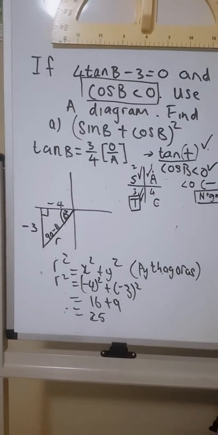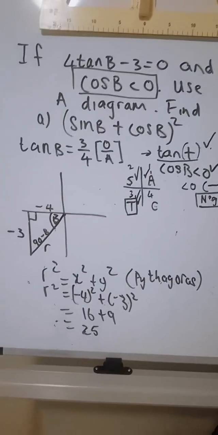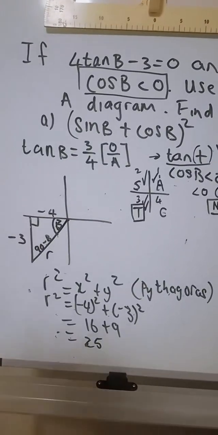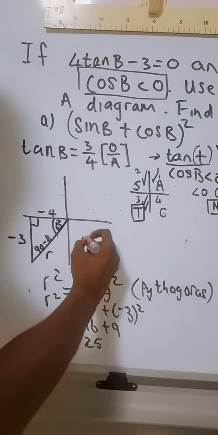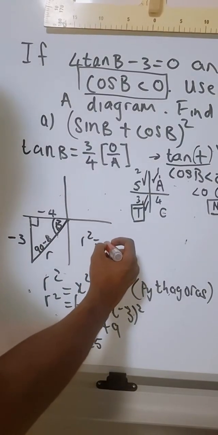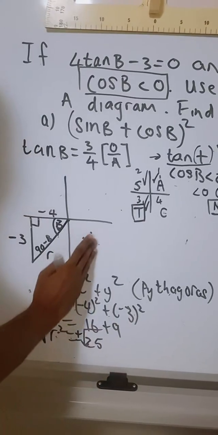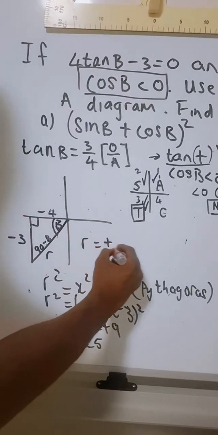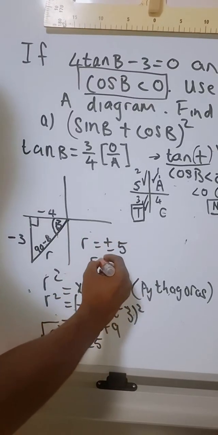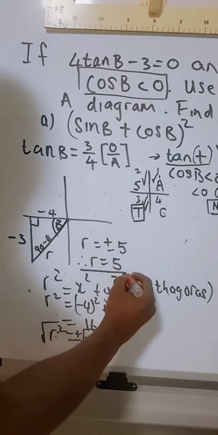Then after getting that 25, we conclude by taking the square root on both sides, putting plus or minus. So obviously r is equal to plus or minus 5, but we know our r value can never be negative.